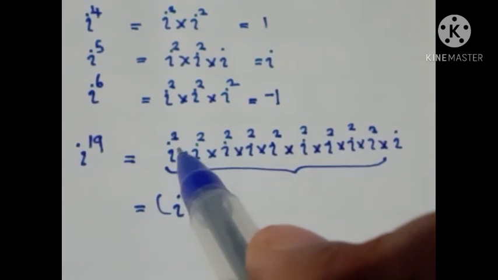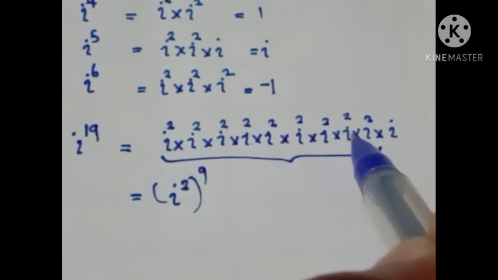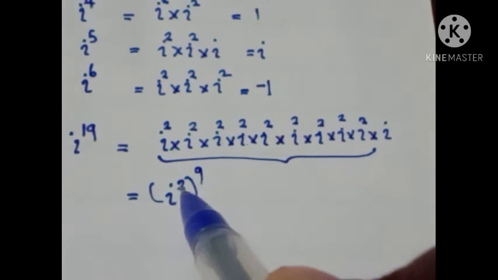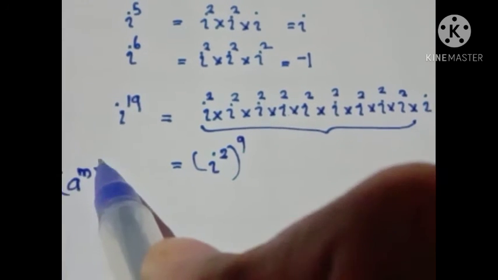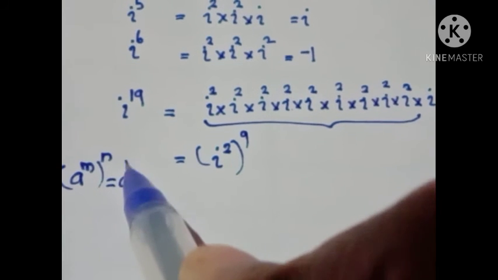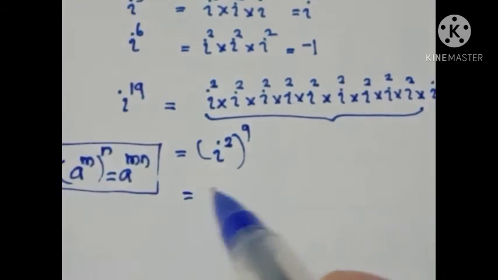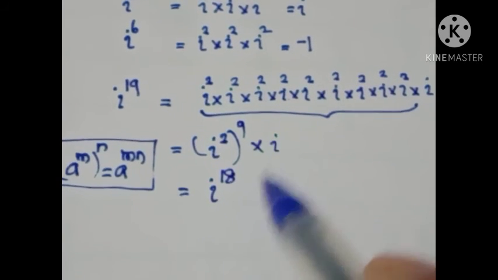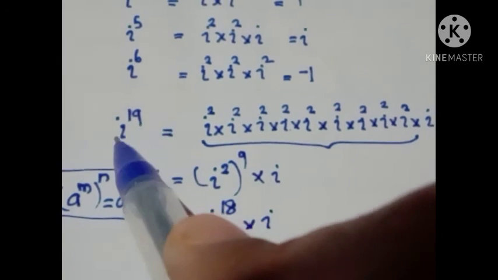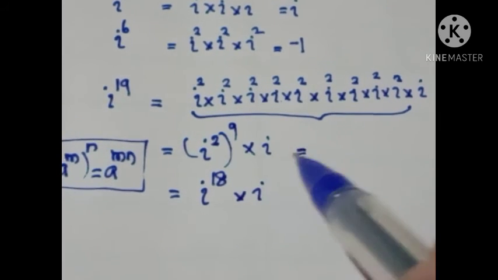How many i squares did we note here? 1, 2, 3, 4, 5, 6, 7, 8, 9. So i square raised to 9 gives, by the laws of indices, a raised to m, the whole raised to n, gives a raised to mn. So this is actually i raised to 18. Then the remaining is i. So i raised to 19 can be written as i square raised to 9 into i.